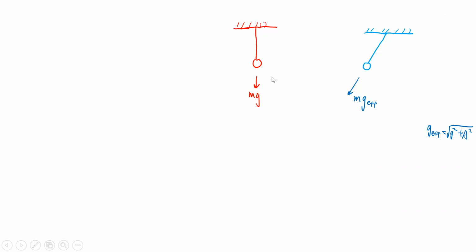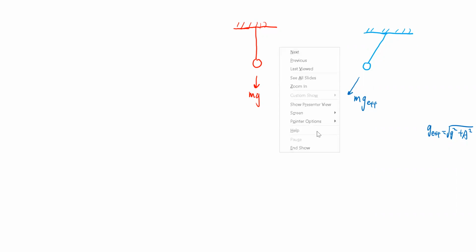So what is the difference between this case and this case? In the sense of the form of the equation of motion, they should be exactly the same.